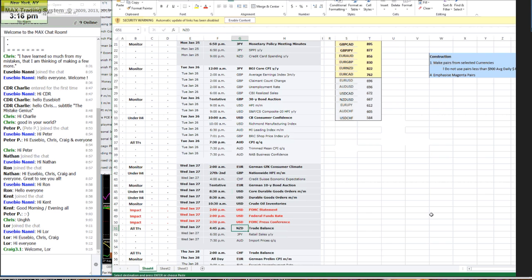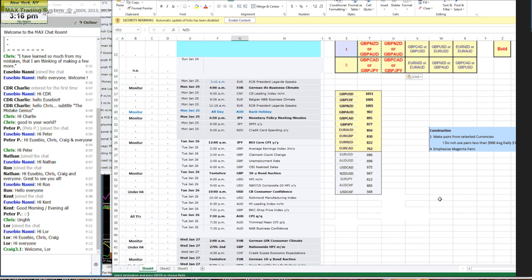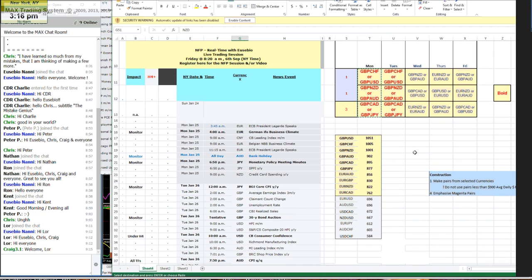So the choice will be the pound Kiwi or pound Aussie. Then the pound US dollar or pound Swiss. And then we'll have the pound CAD or pound yen.